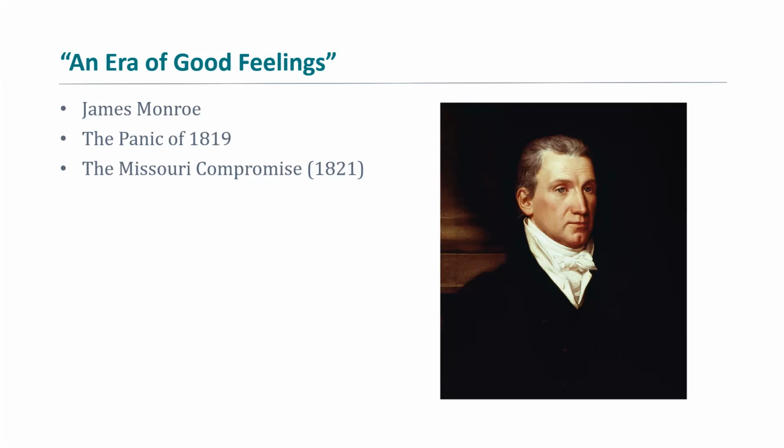But the compromise is, in addition to Missouri entering as a slave state, Maine enters the United States as a free state, because at the time, Maine was actually a part of Massachusetts, which is fascinating because it means that Massachusetts was non-contiguous. It means that it wasn't connected all the way, right?